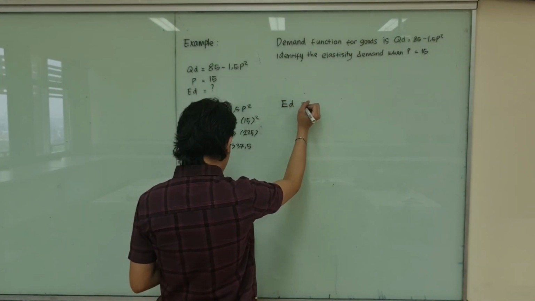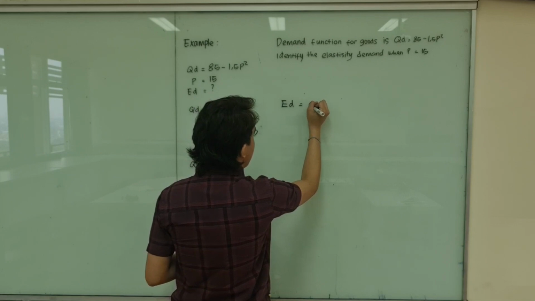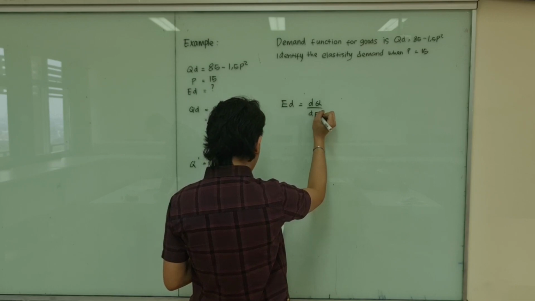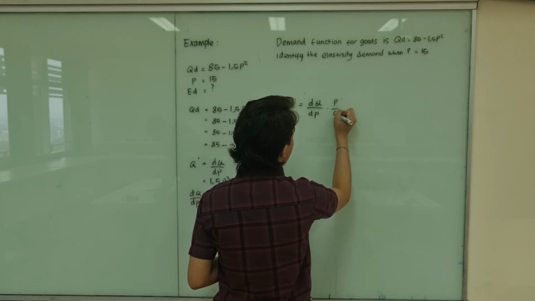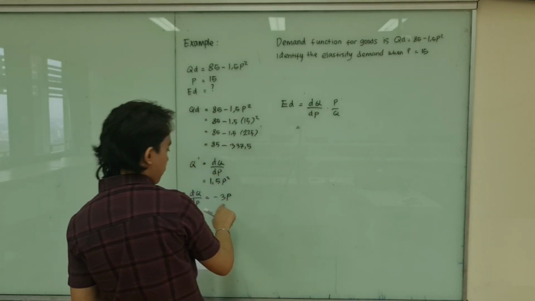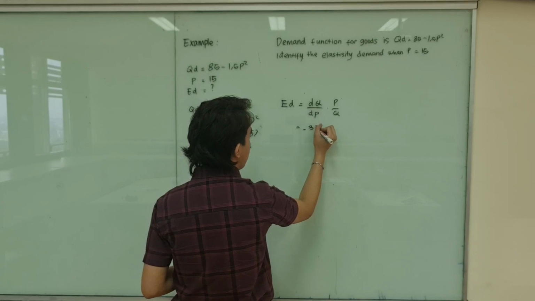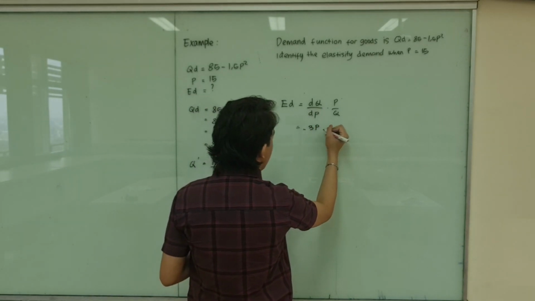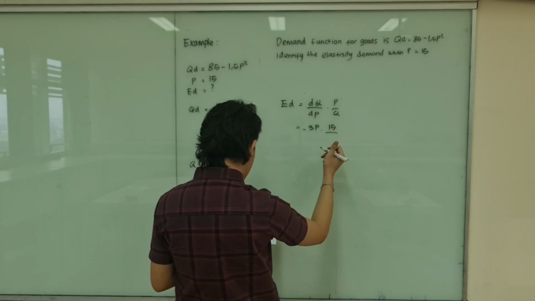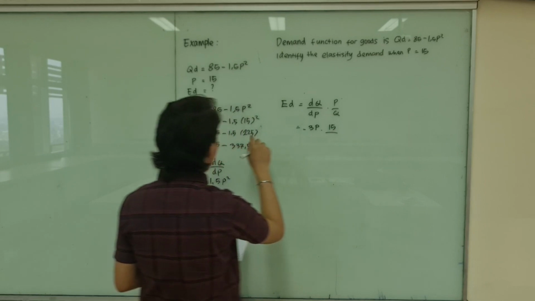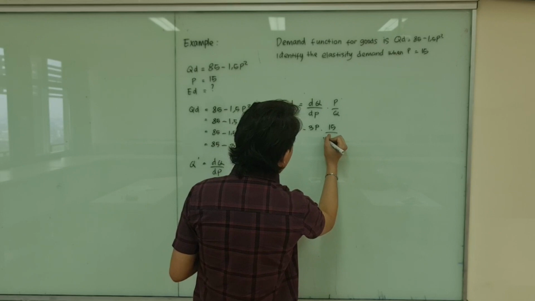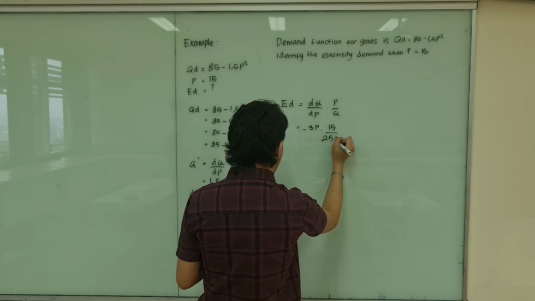And then elasticity of demand is the derivative of demand Q with respect to price times P per Q. From here minus 3 times 15, and the Q is 252.5.